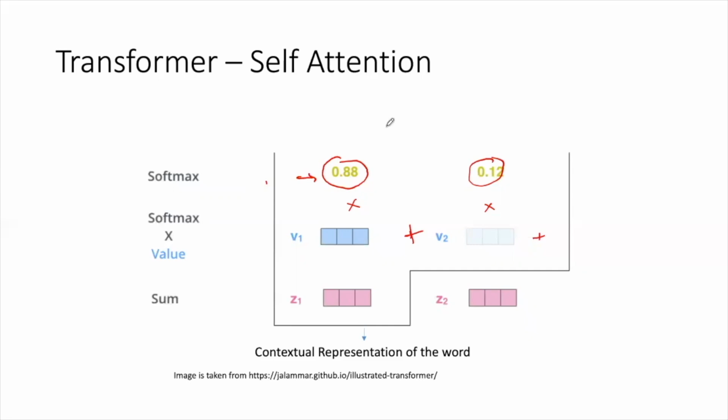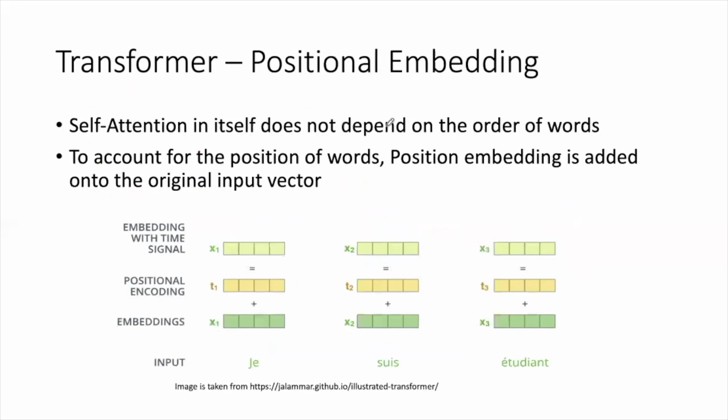It's just dot products and multiplications. So we introduce a concept called positional embedding that helps us introduce this position variable, to account for the position of words.